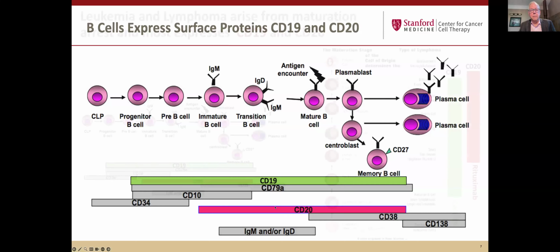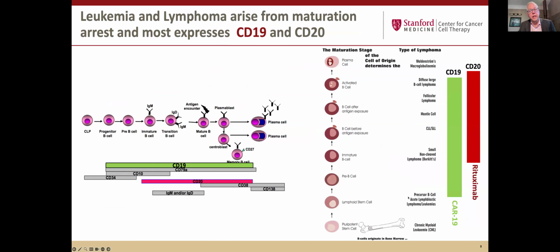Still, if I now stack the same progression in a more vertical way, I can discuss how cancers are developing in relation to normal B cell ontogeny. And so the earliest stages that can be blocked result in acute lymphoblastic leukemia.